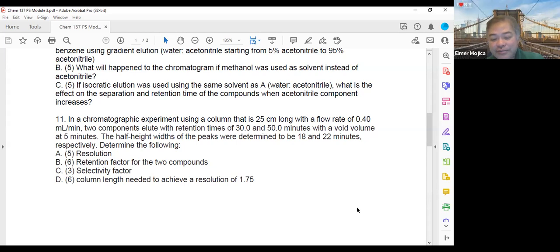The difficult questions this year were more on analytical chemistry, so you have to prepare for that type of question. Any questions, class?